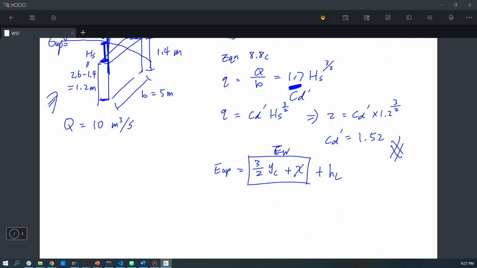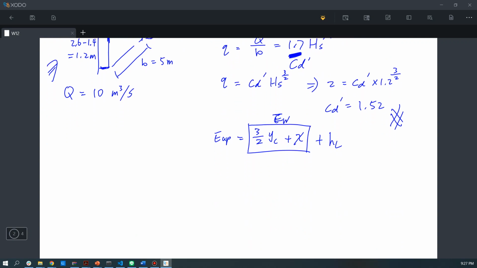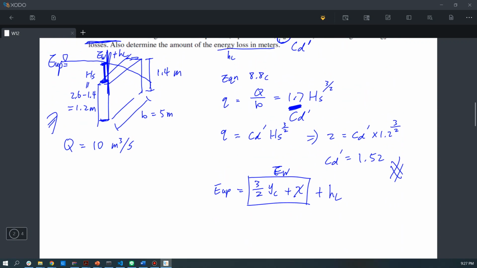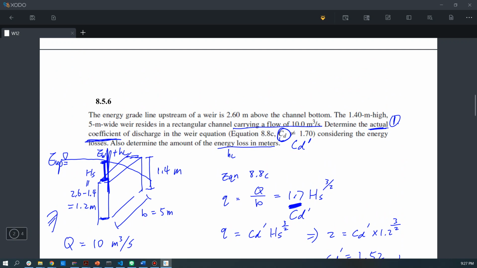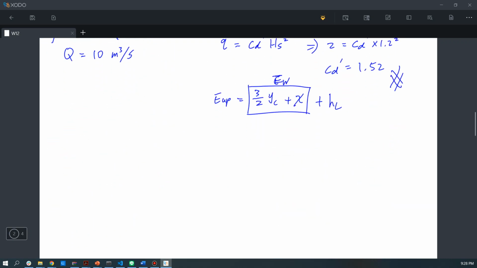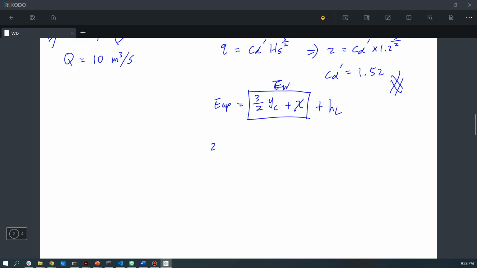Then we can plug in the numbers, because we already know that the energy grade line at the upstream area is equal to 2.6. So this E up is equal to 2.6 meters.